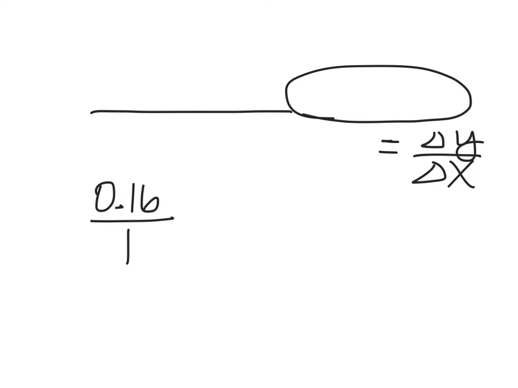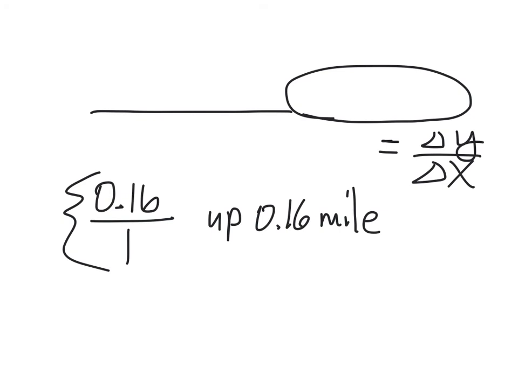So what this represents is we're going up 0.16 of a mile for each 1 mile horizontally.